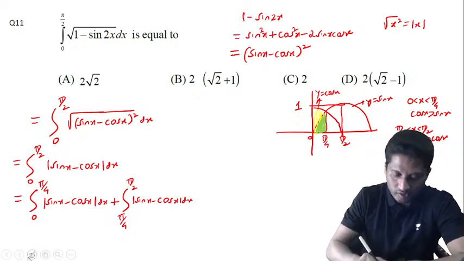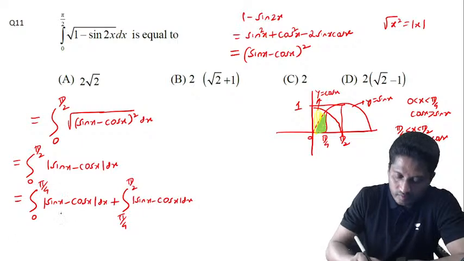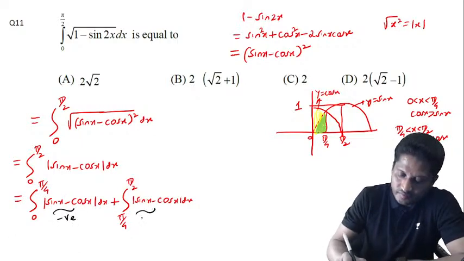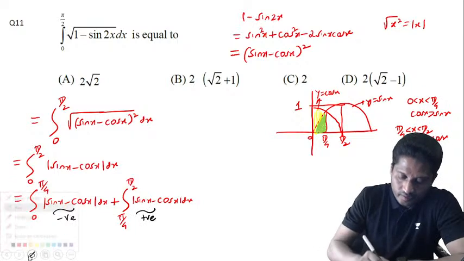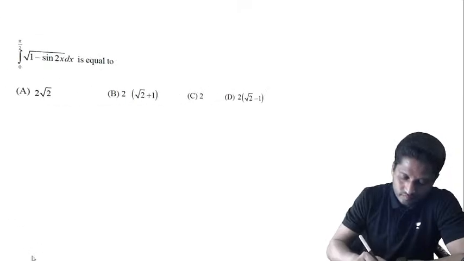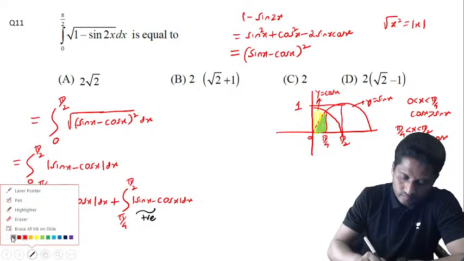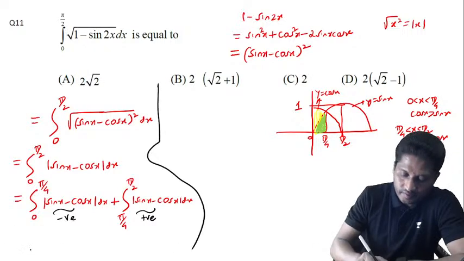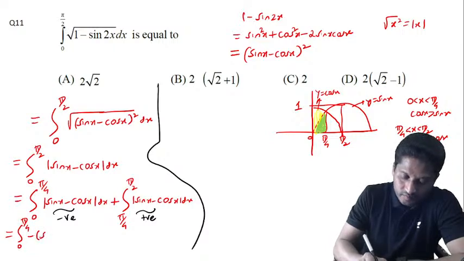Okay, now between 0 and pi by 4, cos is more than sin, so this is negative, this is positive. Now this is equal to, if I write this as 0 to pi by 4, this is minus of sin x minus cos x.